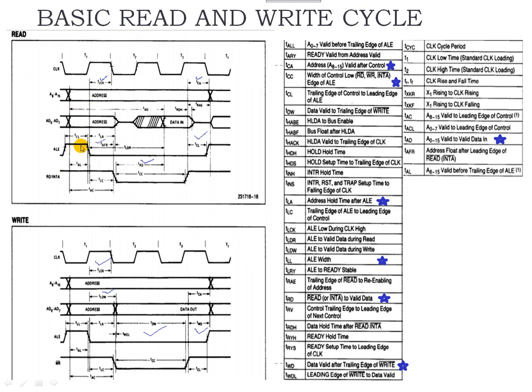The first part is the ALE signal's width. Another period supplied here is the TLE, the address hold time after ALE. After ALE, the microprocessor has to hold the address for some time. That timing is called the address hold time after ALE.